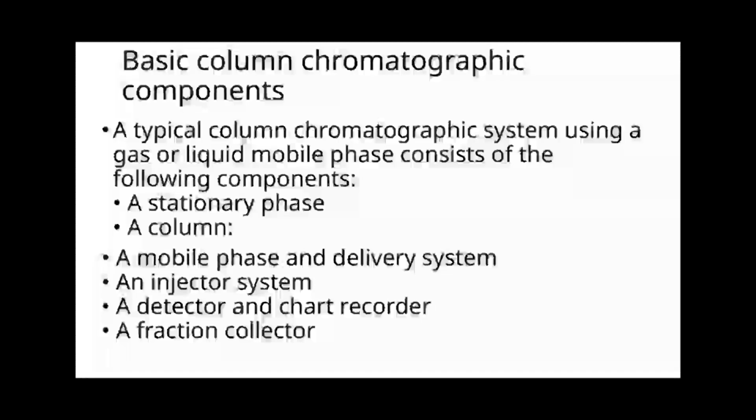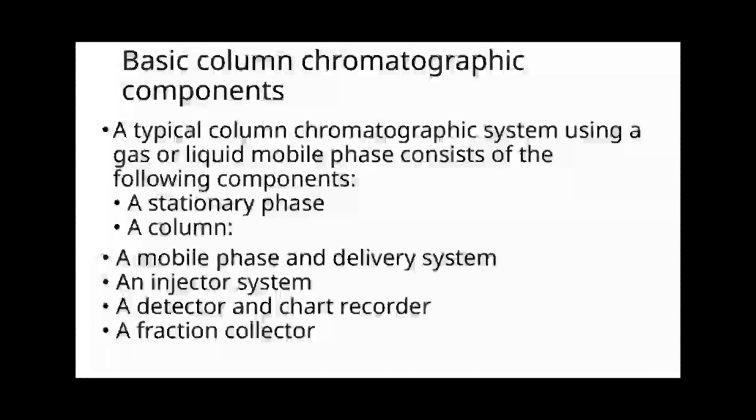Finally, there's the fraction collector, which collects the separated fractions for further analysis or use. Altogether, these components form the basic framework of a column chromatographic system, and understanding how they interact is key to optimizing separation and achieving reliable results in our analyses.